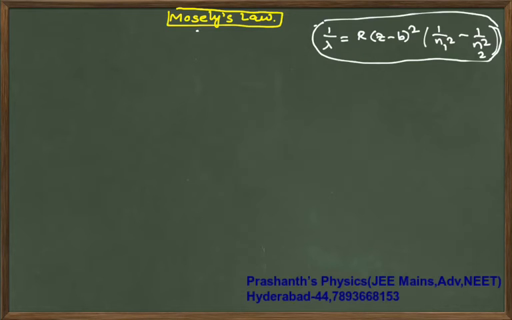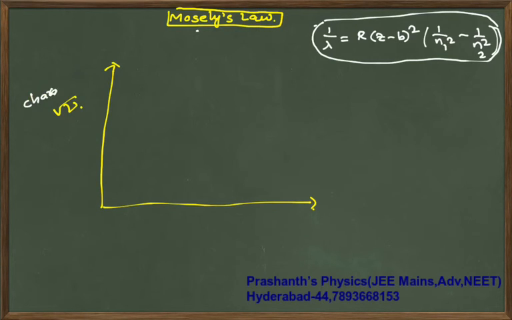I will tell you. What Moseley did is, he drew a graph for your characteristic frequency, that is, the square root of characteristic frequency.